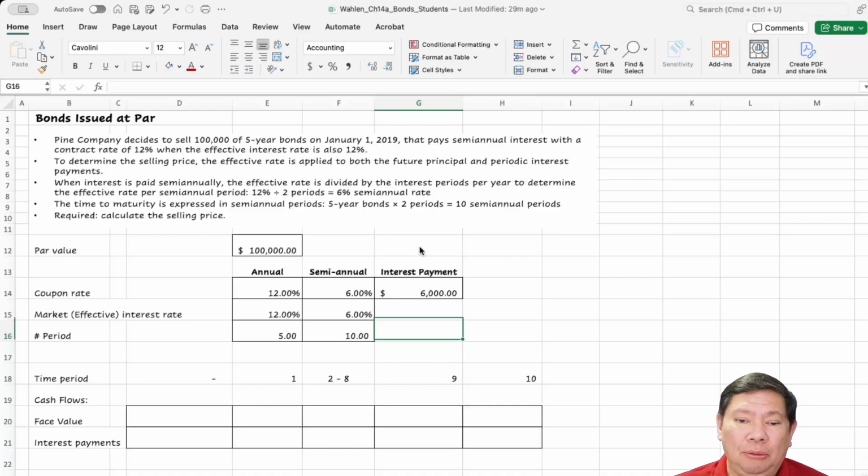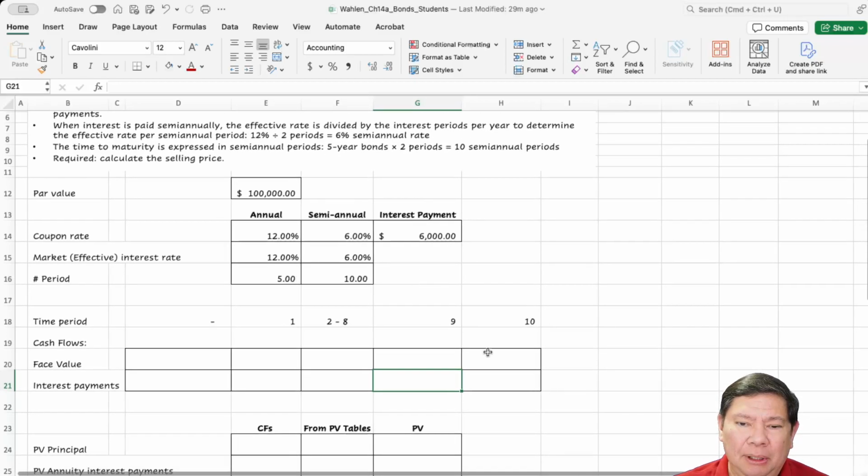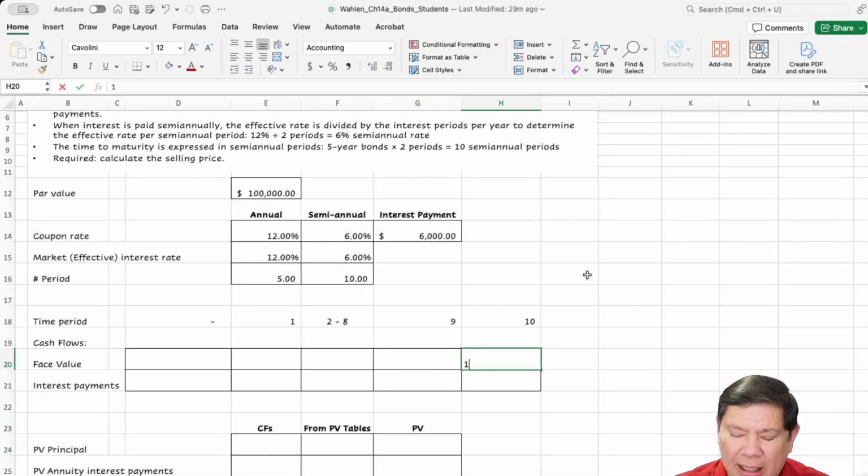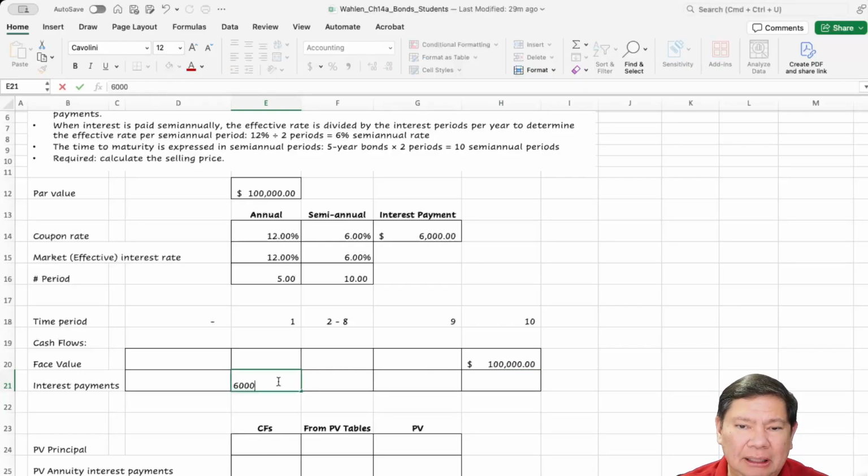$6,000. So we know that the cash flows for the bonds, we're going to pay back 100,000 by the end of period 10. And from period 1 through period 10, we are going to pay $6,000 interest.